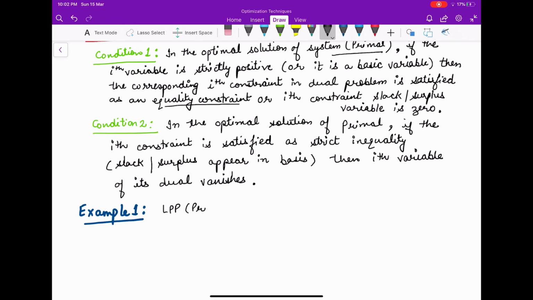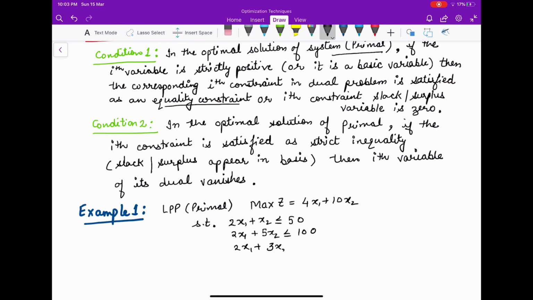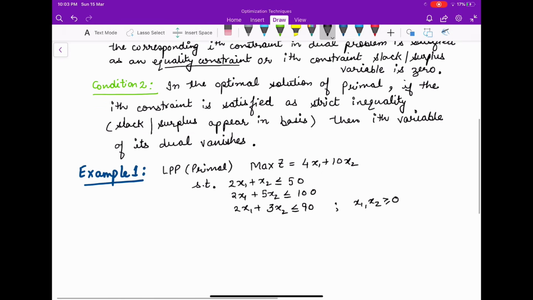Let me consider this as a primal LPP, which is given as maximization of Z equal to 4x1 plus 10x2, subject to constraints 2x1 plus x2 less than or equal to 50, 2x1 plus 5x2 less than or equal to 100, and the third constraint is 2x1 plus 3x2 less than or equal to 90, and all my decision variables are non-negative.